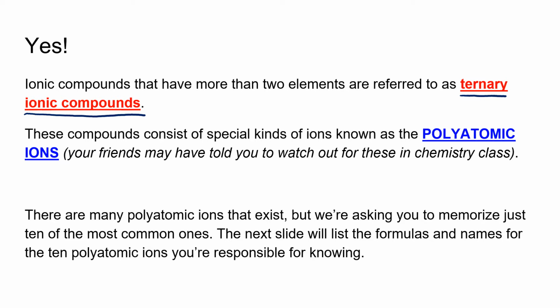Your friends may have warned you about these in chemistry class if they've taken chemistry before, but I promise they're not that bad. Polyatomic, let's break that word down. The prefix poly means many or more than one, and atomic is referring to atoms. So a polyatomic ion is going to have more than one atom in its ion form.